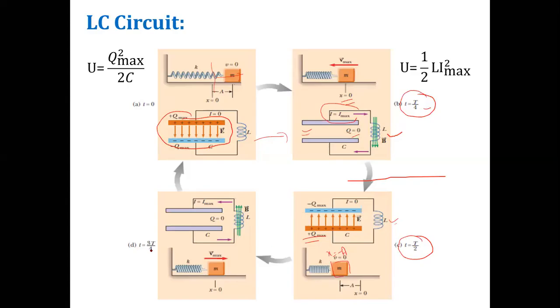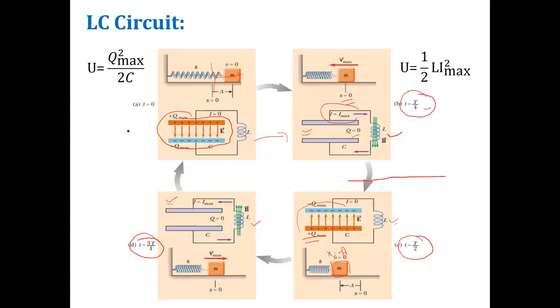If you further go to time is equal to 3/4 of the cycle, your mass here will come back to its equilibrium position. And in this circuit, this will be basically equivalent to this capacitor again being discharged completely, and your total energy being stored in the form of magnetic energy inside the inductor.